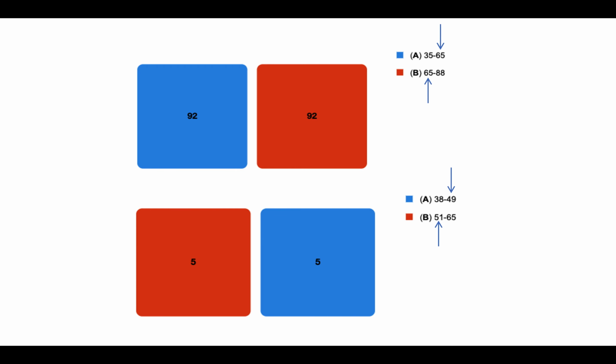Therefore, to calculate the median, we need to take an average of these two values. To do this, we would add the two values together and divide by 2, which in this case, 51 plus 49 is 100, divided by 2 equals 50, and therefore the median for this example is age 50.